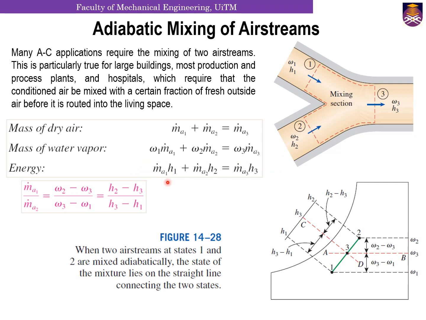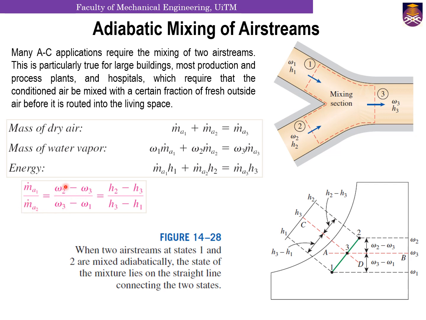All right, so on the psychrometric chart, you can see that you have points 1 and 2 here. So from point 1, right, this is cooled air coming in, and this is the fresh air at a higher temperature, and they are mixed, and you will get this particular property at point number 3. So based on this relationship that is shown here, you can then find out your ratio of mass flow rate of air coming in at point 1 divided by mass flow rate of air coming in from point 2.